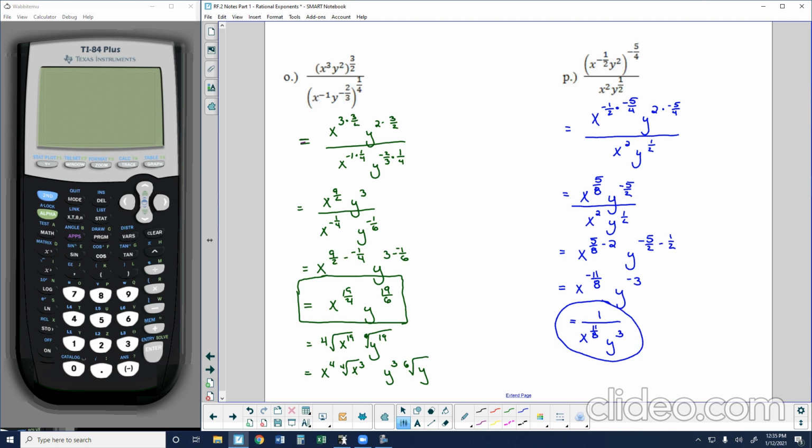So we're working at using a combination of our exponential properties here to simplify these expressions, as well as, if needed, to put them into roots. We could do that here using our combination with root functions and rational exponents. And this is a good place to stop for the RF2 notes.